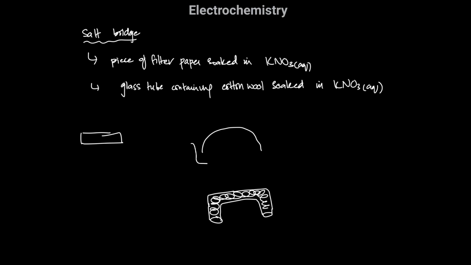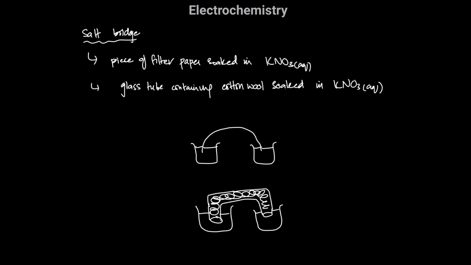So we can either fold a piece of filter paper and connect the two solutions together using the salt bridge, or we can use this glass U-shaped tube that contains cotton wool soaked in the electrolyte.